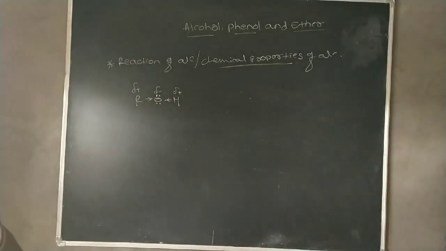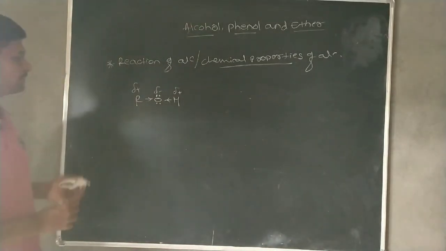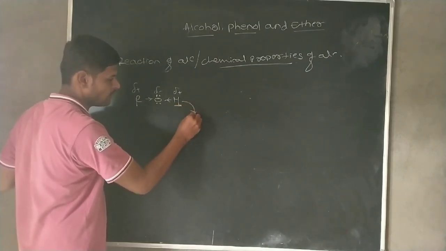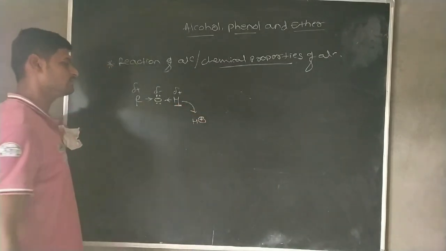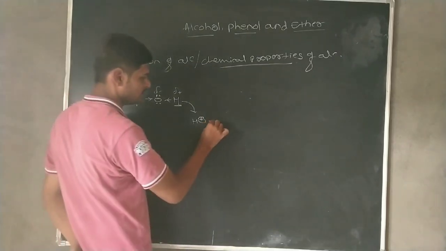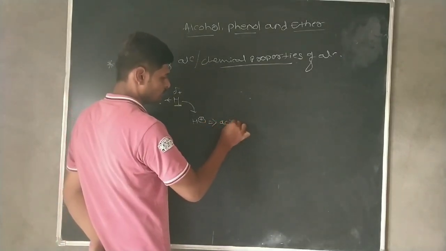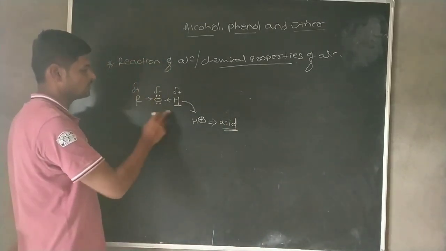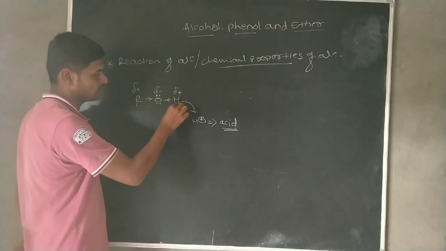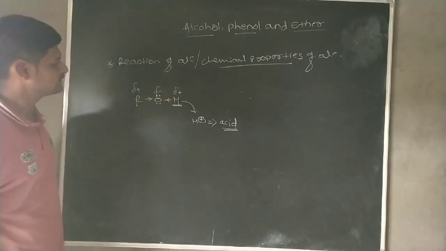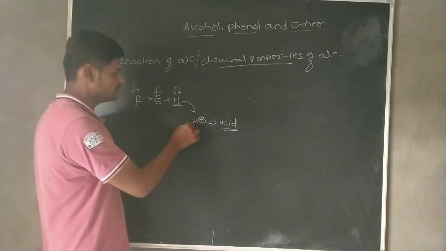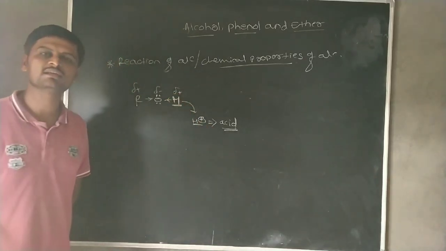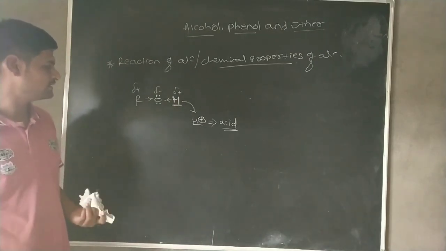That means this hydrogen is present in the form of an H plus ion. Therefore, this H plus we can consider the acid. In short, in alcohol, the hydrogen of the alcoholic functional group is in H plus form. That means this hydrogen is acidic in nature.